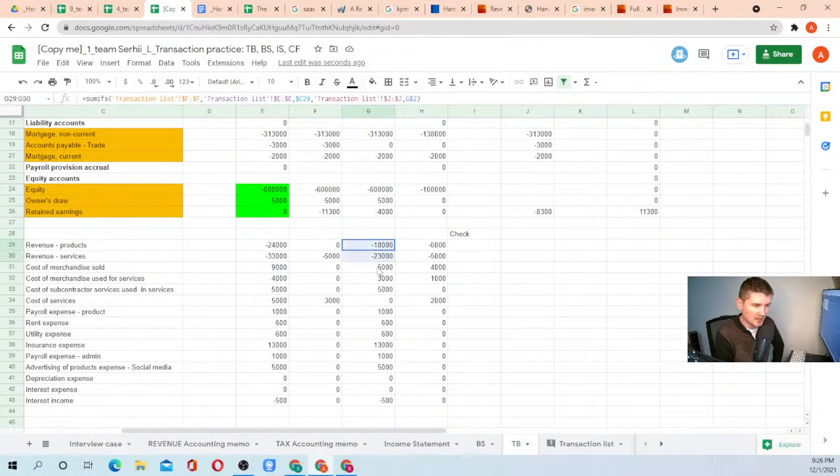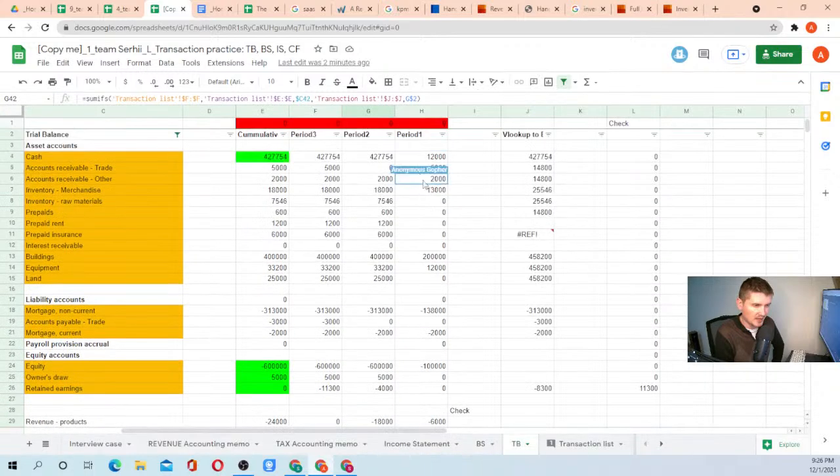That works quite well for your income statement, but it doesn't work well for your balance sheet. You need to have your balance sheet at the end of each period, and those cumulative balances will include your previous period plus your activity during period 3. That's why I have that plus here.